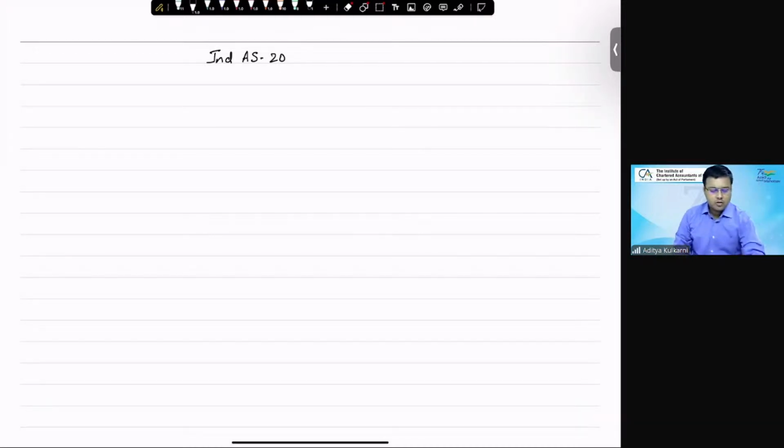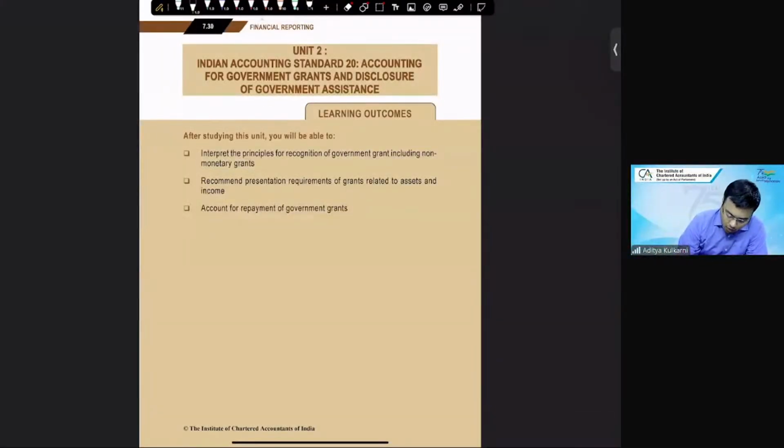So when we talk about the standard's title, accounting for government grants, that means government grants are something whose reporting we are going to study. And you have disclosure of government assistance.